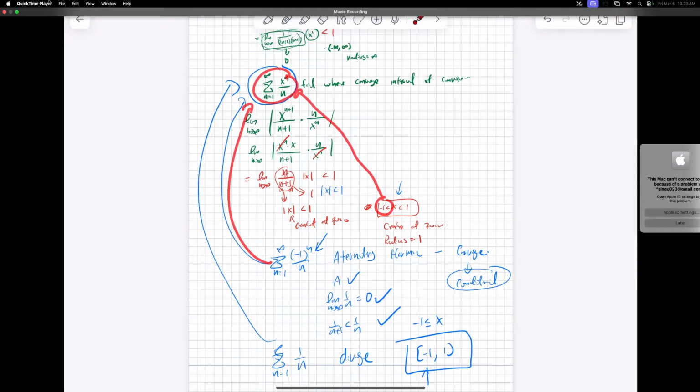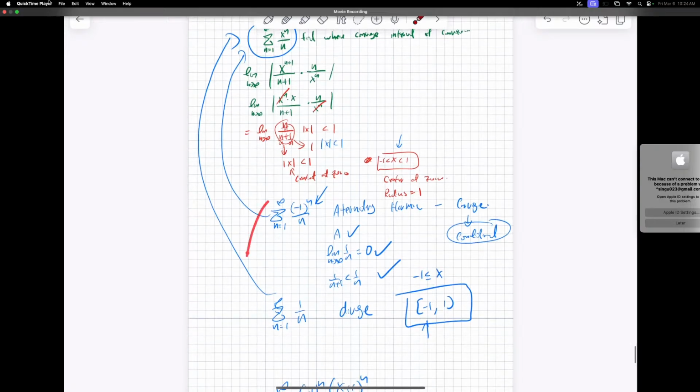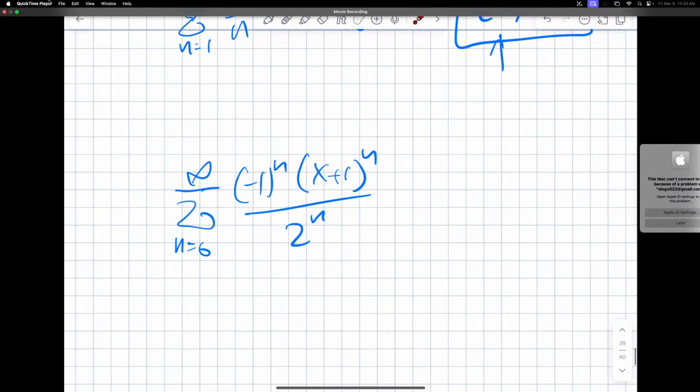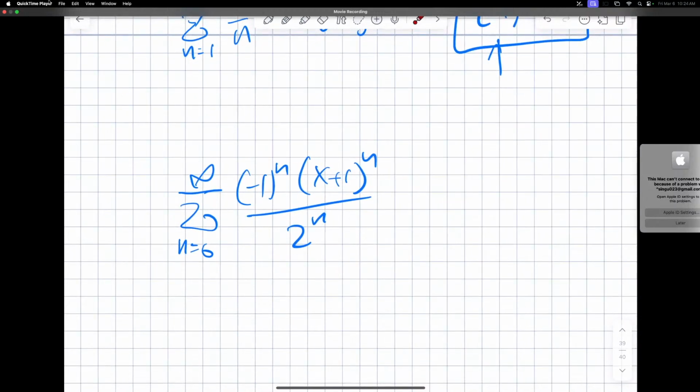I plug in the -1 into the original series to see what happened. This one is just to test the endpoint part. It looks like a harmonic when you plug in the 1.